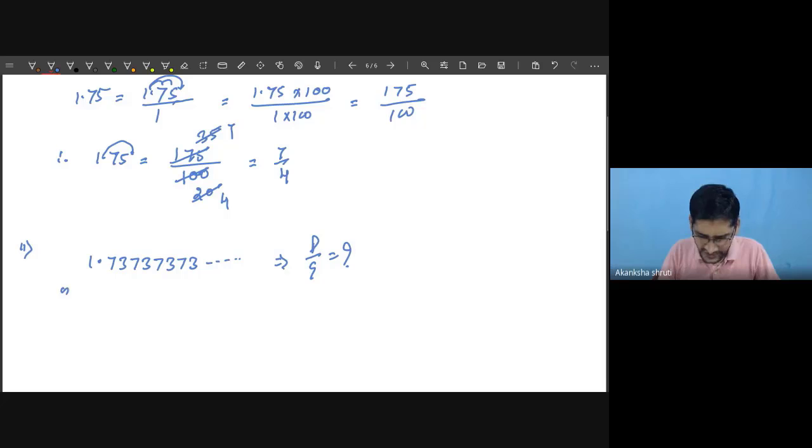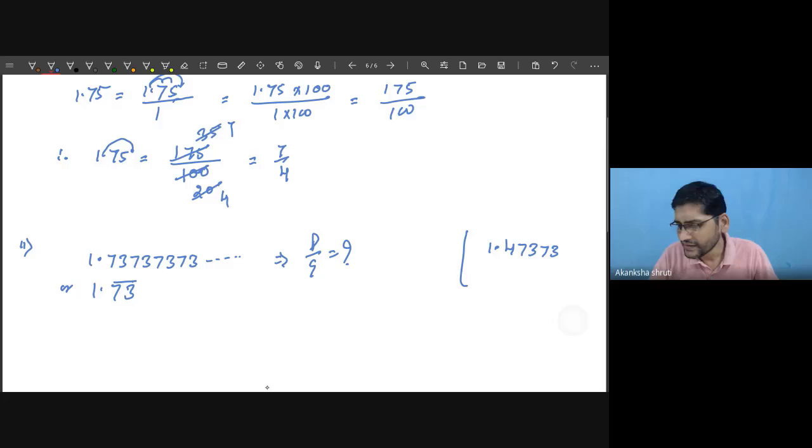Or sometimes this is also written as 1.73 bar. It may be possible that it is 1.4737373, it may be like this kind also. So the concept remains the same. So better I am going to take this one, 1.473, so that all the concept will get covered.